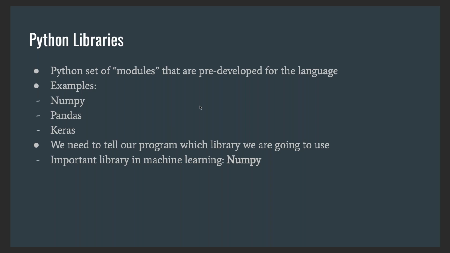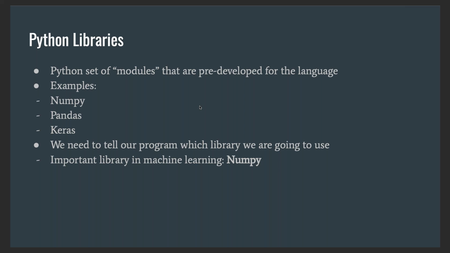Before we go into this, I did mention at the beginning of this tutoring session that we are going to be discovering Python libraries today. We're going to be using this concept of linear regression and integrating it with various Python libraries. Python libraries are basically a set of modules that are pre-developed specifically for the Python language.